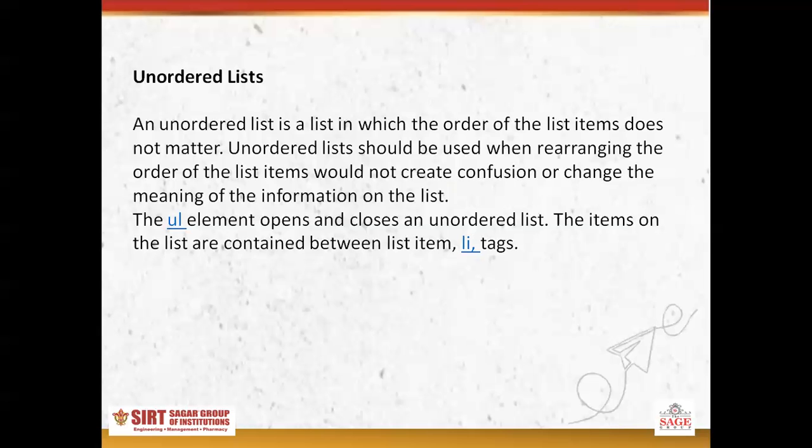Another list uses the tag ul. Here the ul element opens and closes an unordered list. The items on the list are contained between list item tags, which is the li tag. In short, a list item is called li, and all the elements of the list are contained within the li tag.